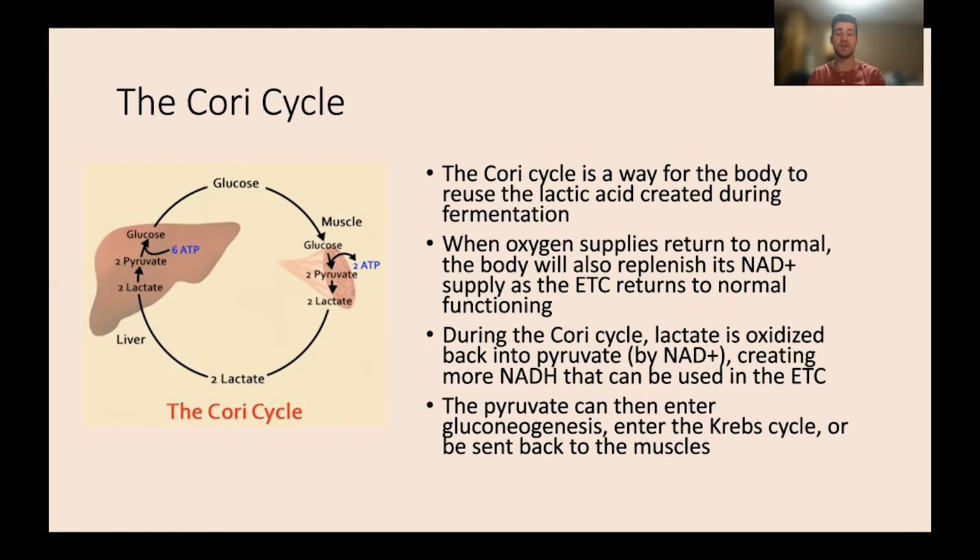If we turn it into acetyl-CoA, it can enter the Krebs cycle and spin there, or it can be sent back into the muscles. So there are a couple of things we can do with that pyruvate, but it's important to know that lactic acid, although considered a byproduct of anaerobic fermentation, actually does get repurposed once it goes into the liver, and that process is known as the Cori cycle.